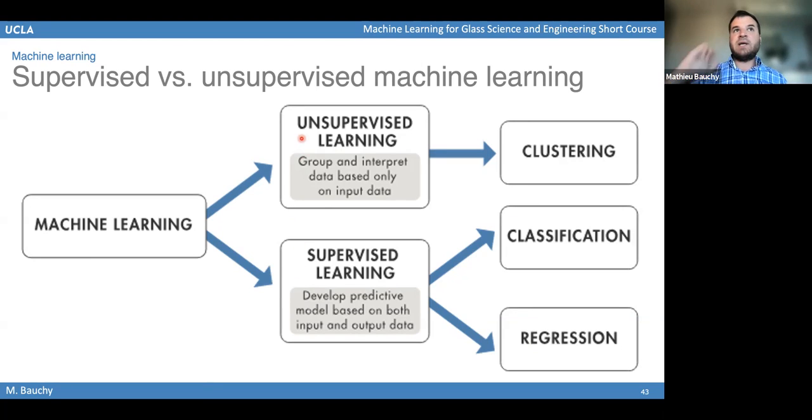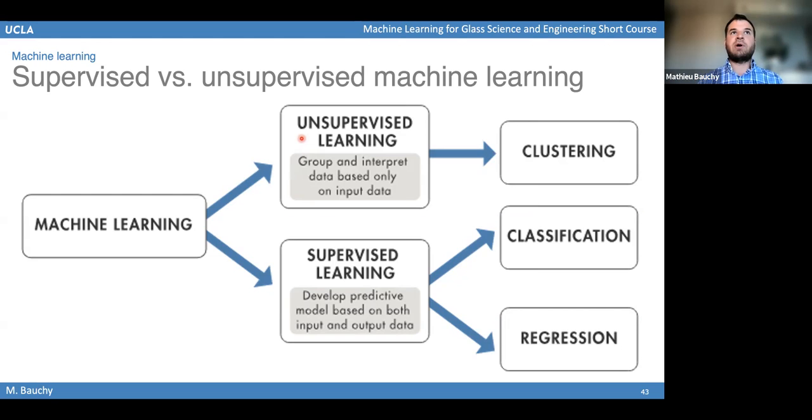Unsupervised machine learning are techniques that can look at data and try to find some groups within those data. An example of this would be, let's assume that you have a series of glasses and you know their composition, but you don't know anything else about those glasses. You don't have any label.